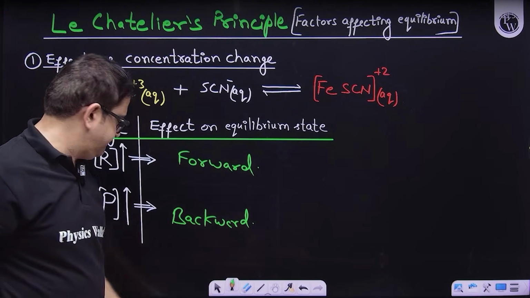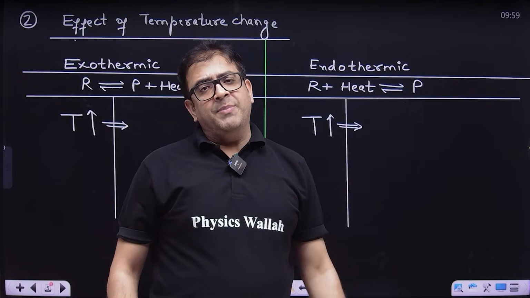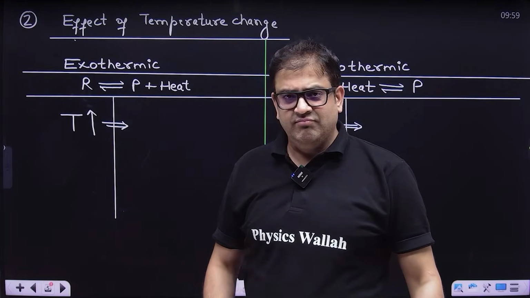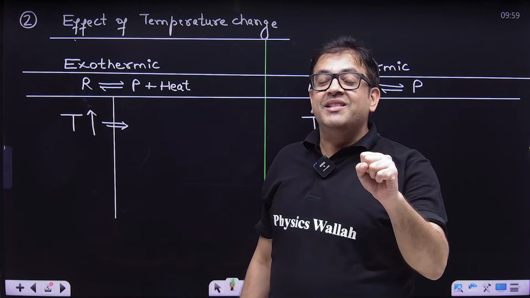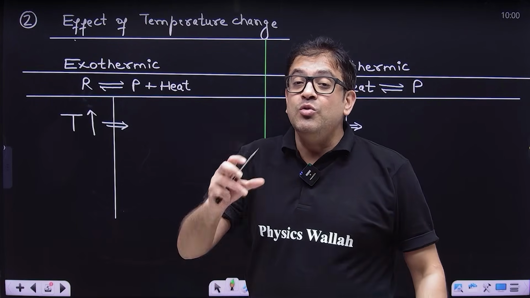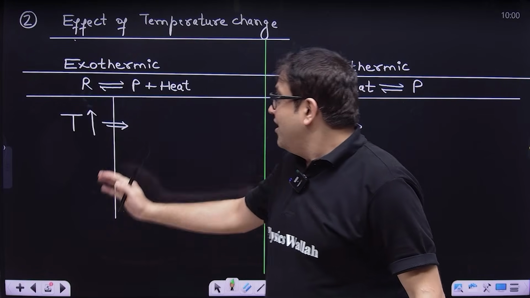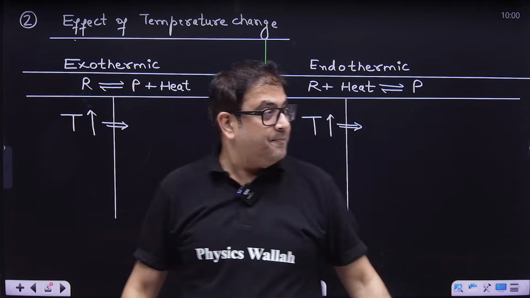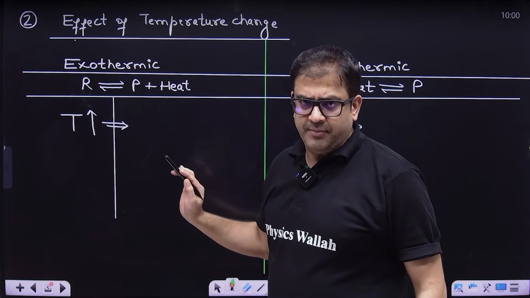So opposite. Moving ahead. The next is the effect of change of temperature. It is the same as concentration. How, sir? When temperature change is done, you have to check thermodynamically, which will be our next discussion topic, whether the reaction is exothermic or endothermic. Let's say the reaction is exothermic.